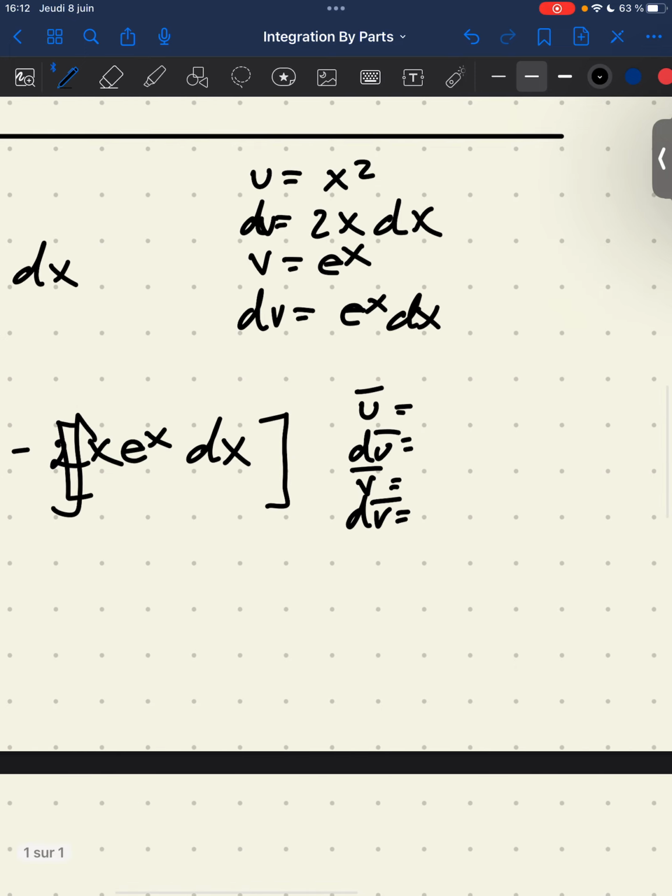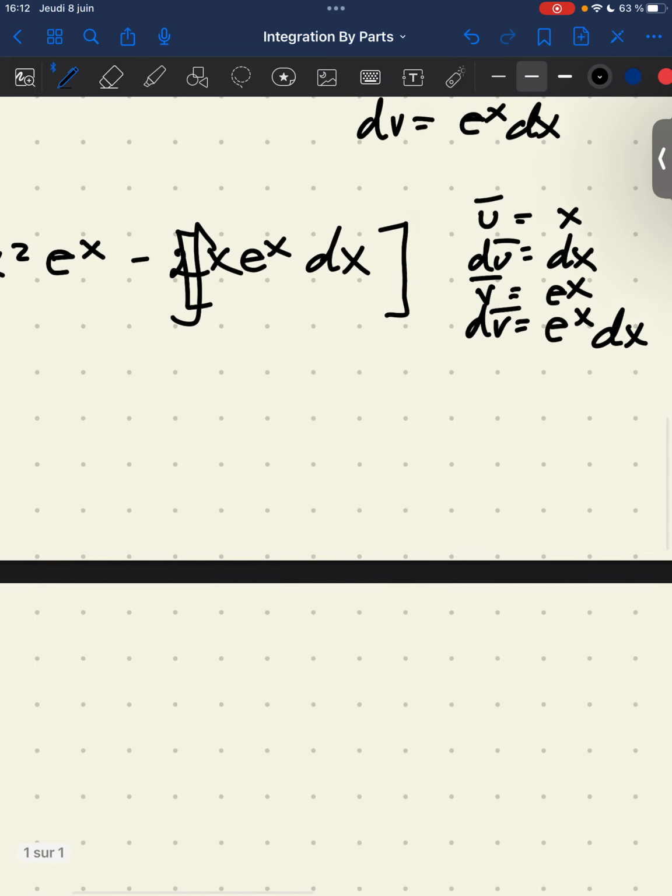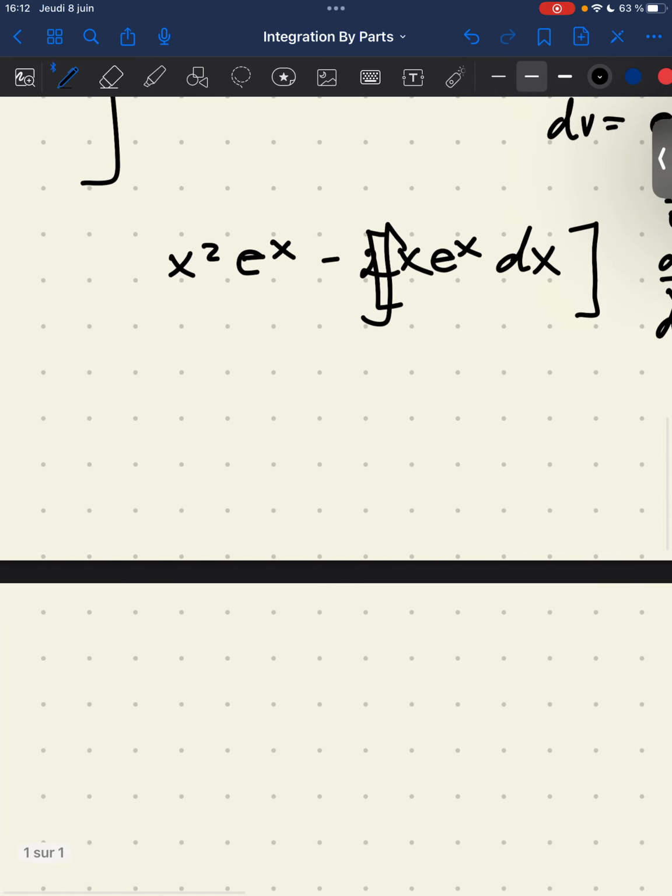Alright, for this one, we could use x as our u bar, and our dx would be our du bar. Now our v bar will still be e to the x, because e to the x dx integrated is just e to the x. Now let's simplify this down.